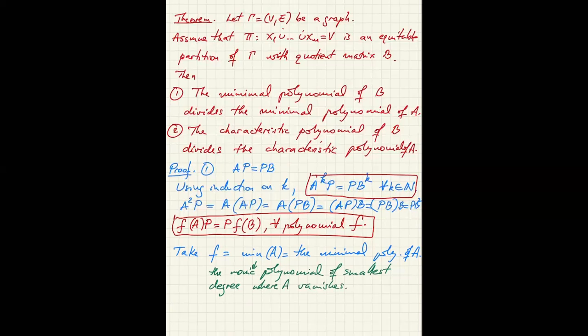Let me just change this notation a bit. Sorry about that. So f of x is min A of x. So essentially A vanishes, it's the same thing as f of A equals 0.